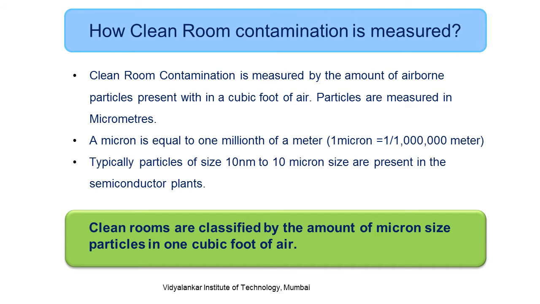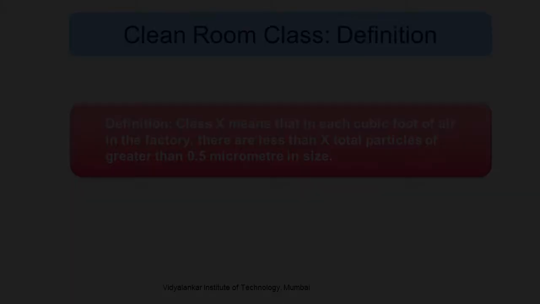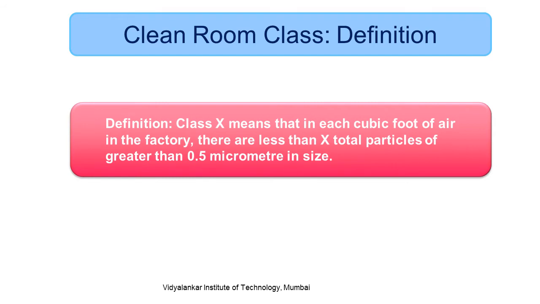As I told you, clean rooms are classified by the amount of micron size particles in 1 cubic foot of air. Clean room class definition. We can now define what a class 10 or class 100 or class 1000 clean room means. In general, class X means that in each cubic foot of air in the factory there are less than X total particles of greater than 0.5 micrometer in size.